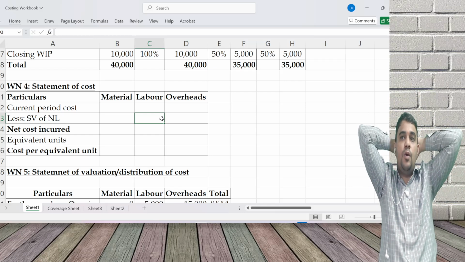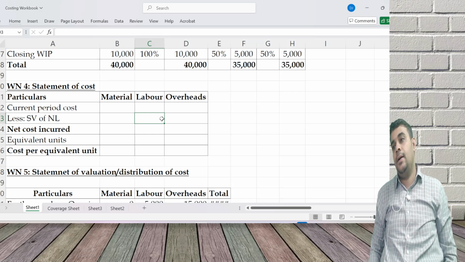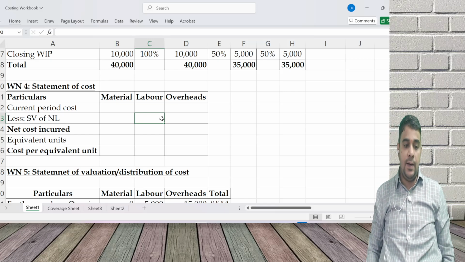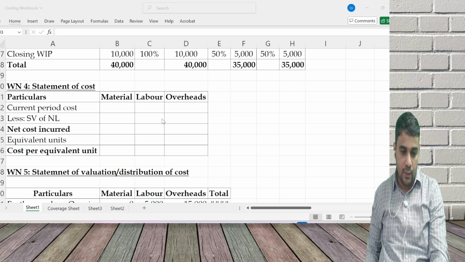On the debit side, when you wrote the process account, you have the numbers there. Current period cost, sale value of normal loss, net cost incurred, equivalent units, cost per equivalent unit.